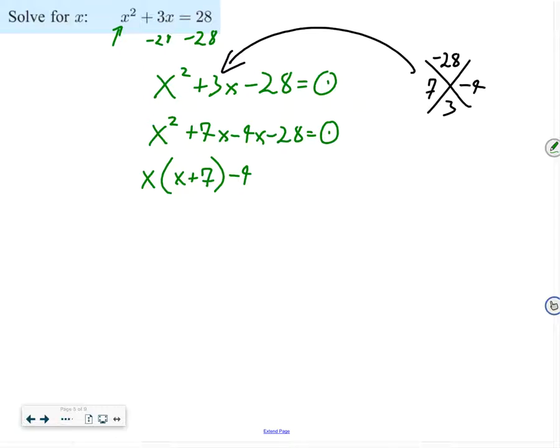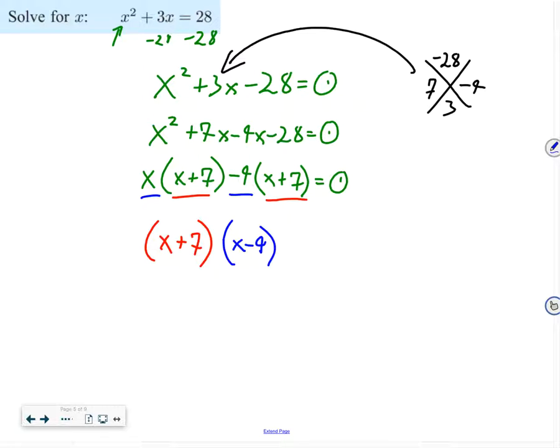Factor out a negative 4 from the two terms here, and I get x plus 7. Factor out my common factor. I know I've done this correct because this term is equal to that term. So I factor that out. I get x plus 7, and what's left over is my x minus 4. And this is equal to 0.